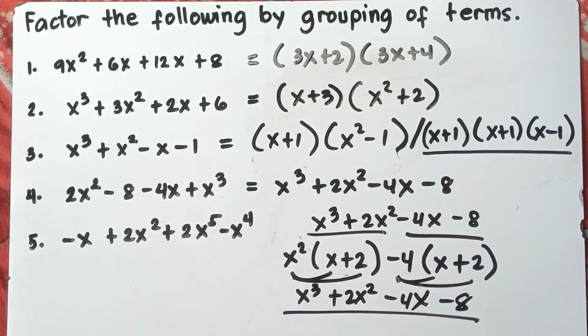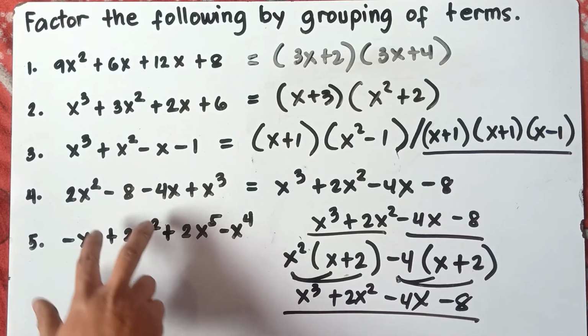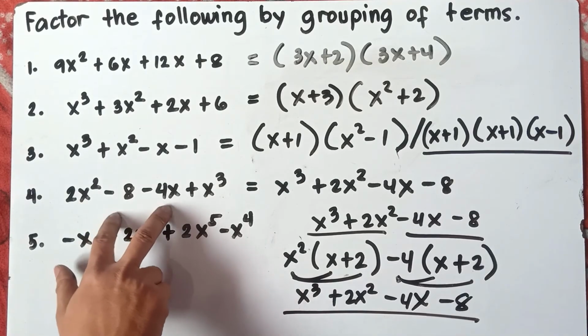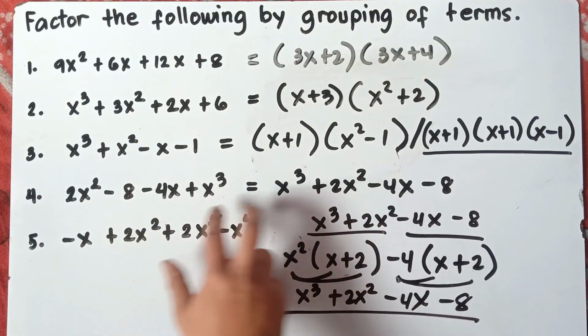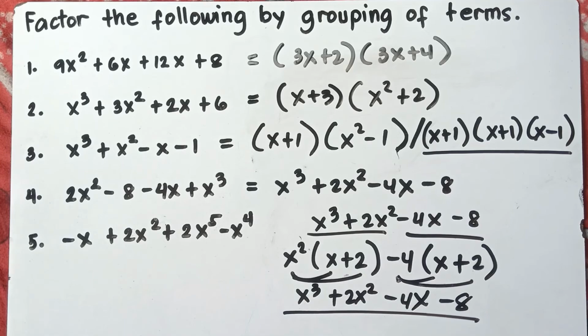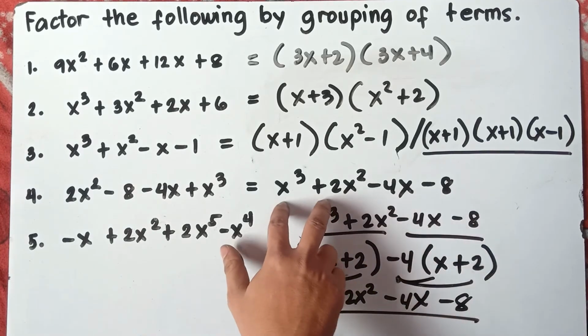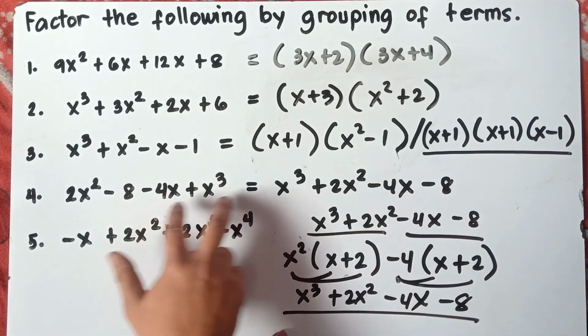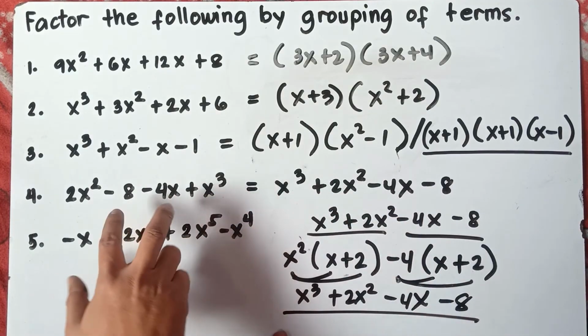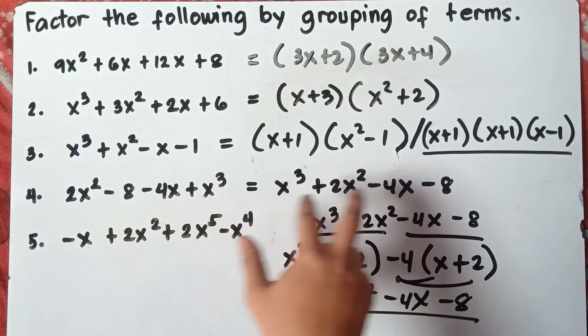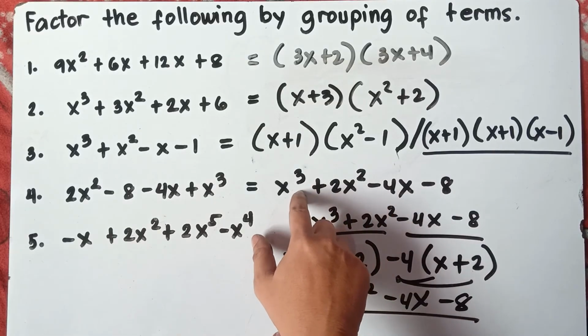So we don't have enough space, class, so let me just erase this one. Once again, we convert this one into this equation. We just arranged this equation with its particular degree.